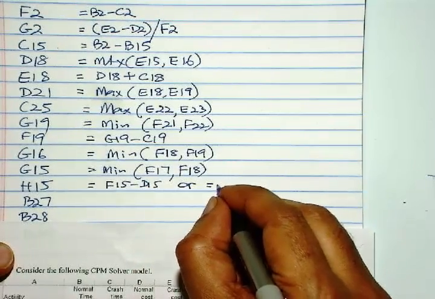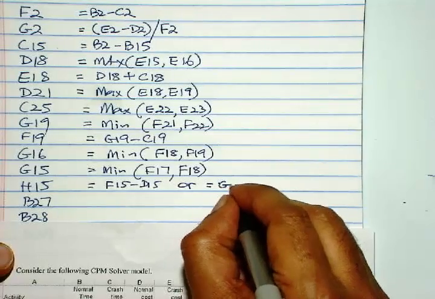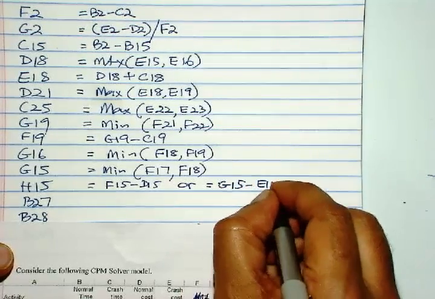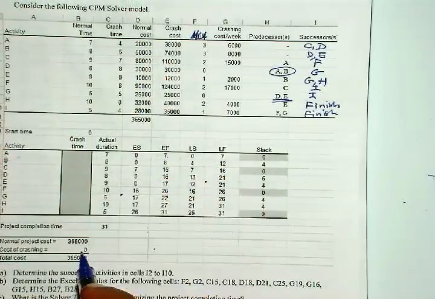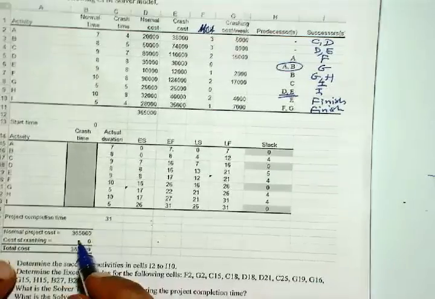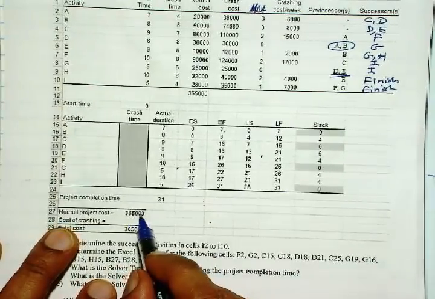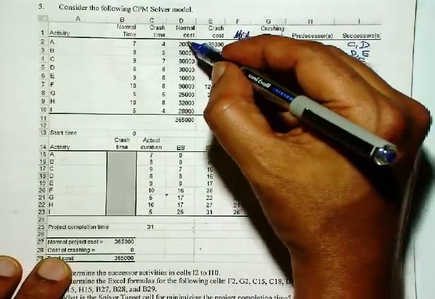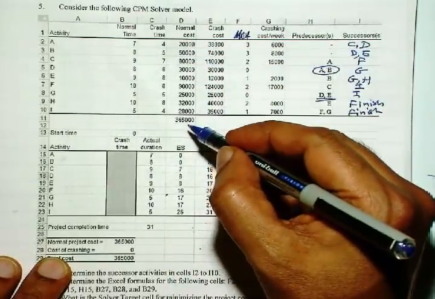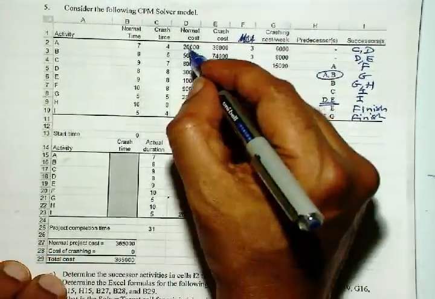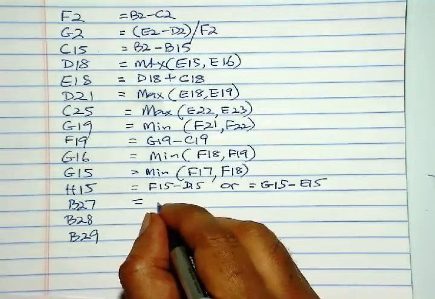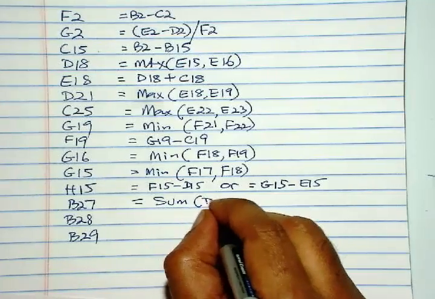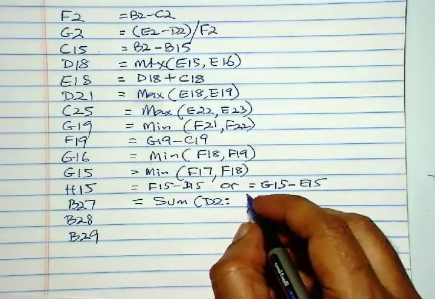Next is B27. So B27 is the normal project cost. Normal project cost is the sum of all of these different costs. So that will be D2 through D10. So that is equal to sum of D2 through D10.